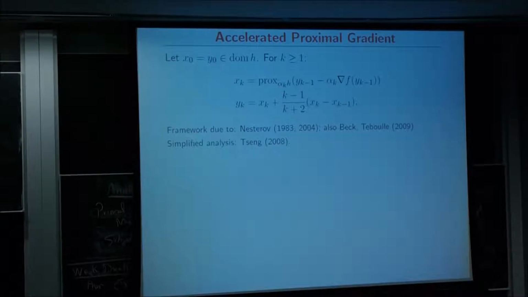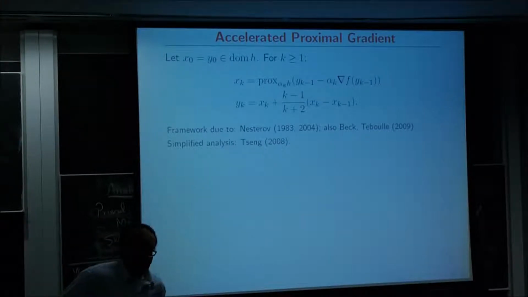The framework originally, the genius idea, comes from a 1983 paper by Yuri Nesterov and some other variants that he thought of in 2004. Then Amir Beck and Marc Teboulle made something called FISTA that you might have heard of. That's essentially that method. And the analysis of these things is not so transparent.